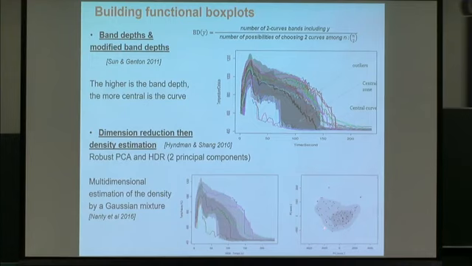HDR is high density region, so we model the multivariate density function in the reduced space. In this paper they use only two components, and some colleagues have extended this technique to 10, 15 components.